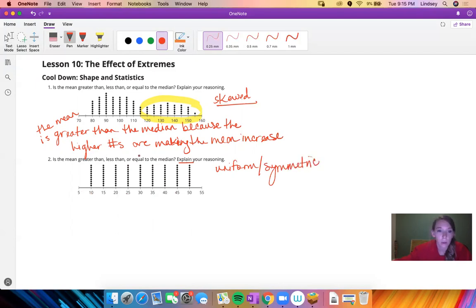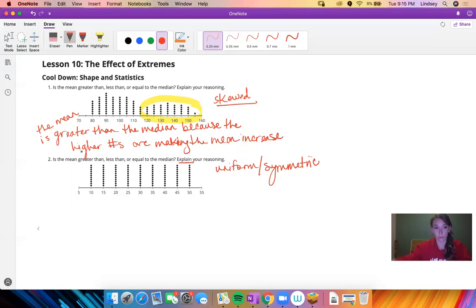If I were to divide it in half, it's going to be very similar on both sides. Like we talked about at the very beginning of that 10.2 exercise, when our data is symmetric, we know that the mean and the median are the same.